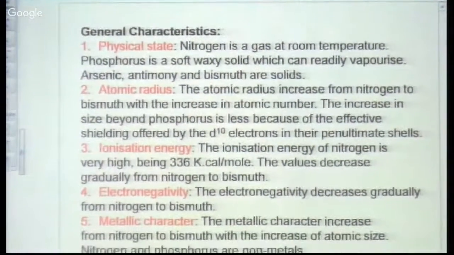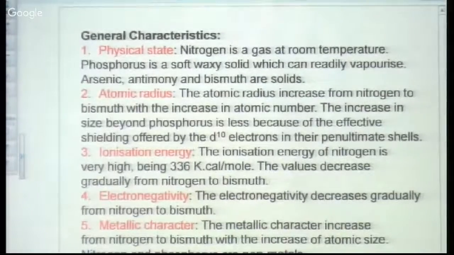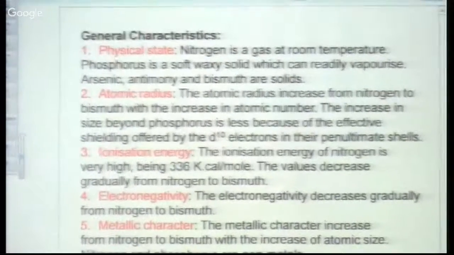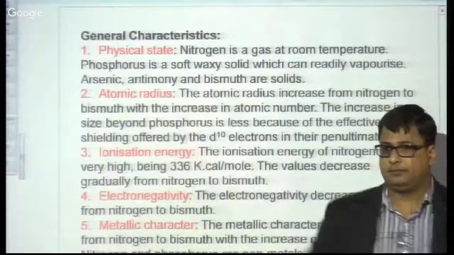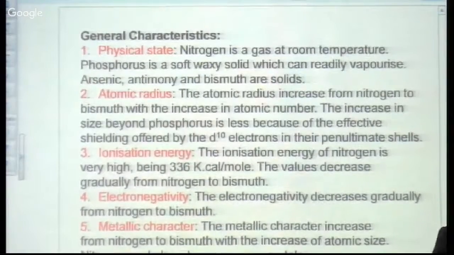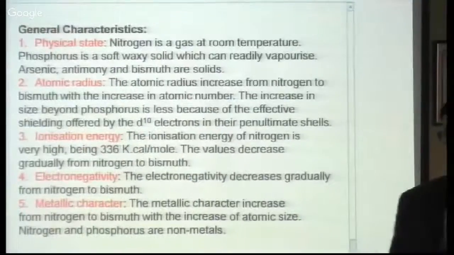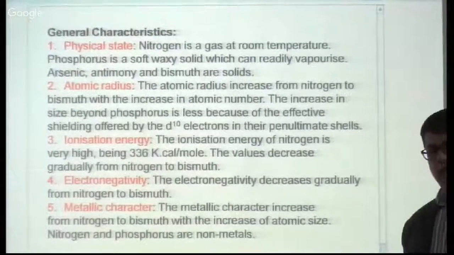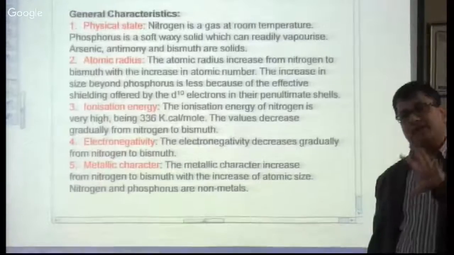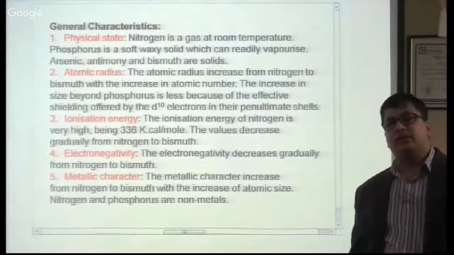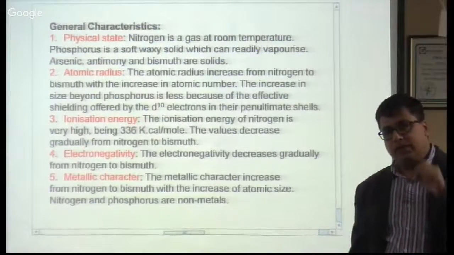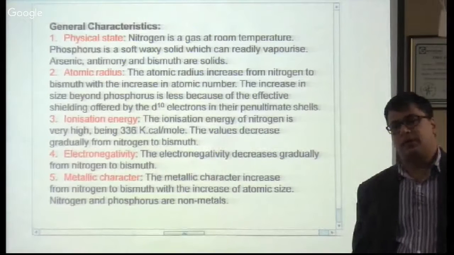So the next is ionization energy. Ionization energy is directly related to the atomic radii. If you increase the atomic radii, ionization energy decreases. So can we say that from nitrogen to bismuth, the atomic radii increases and the ionization energy decreases. So maximum ionization energy will be nitrogen.